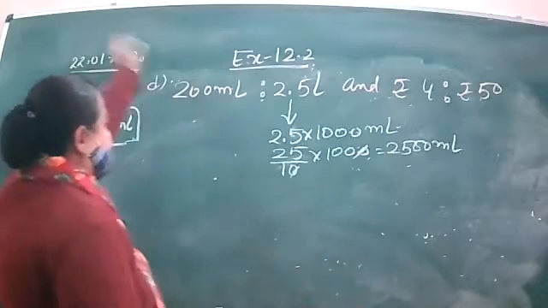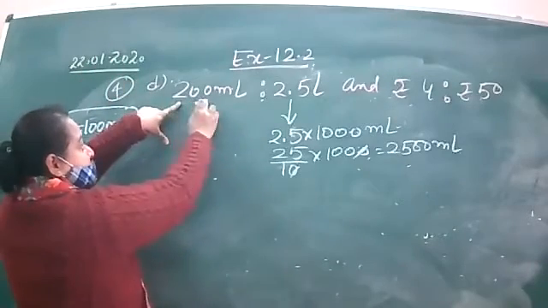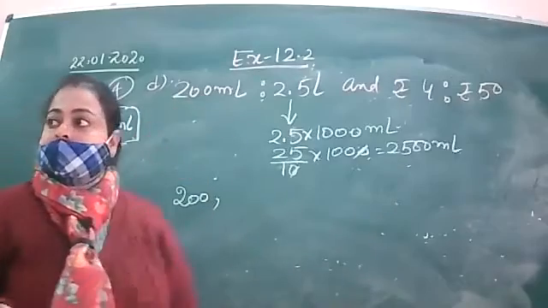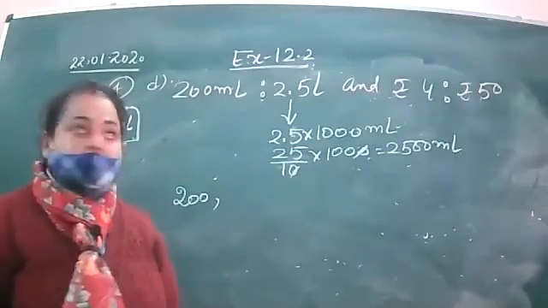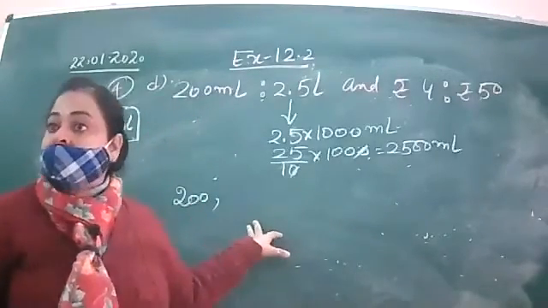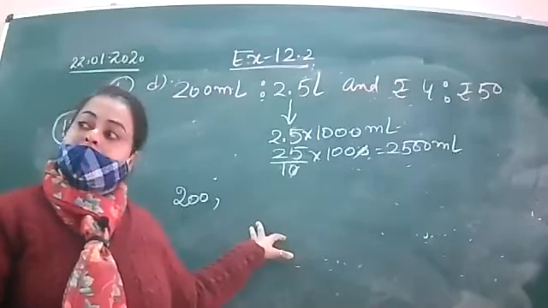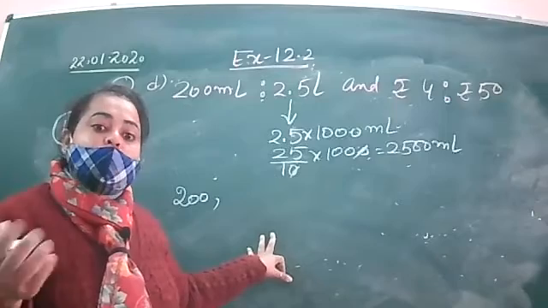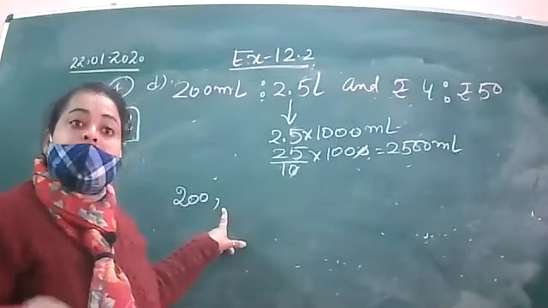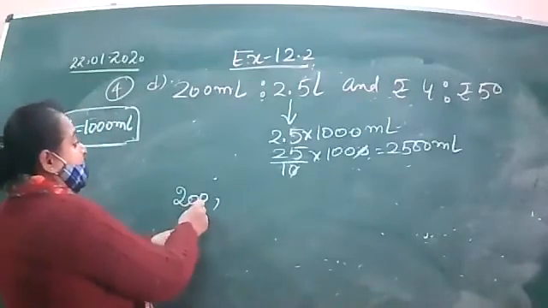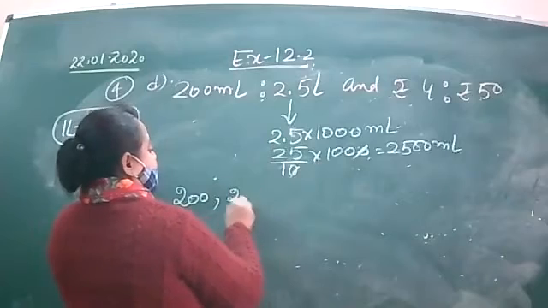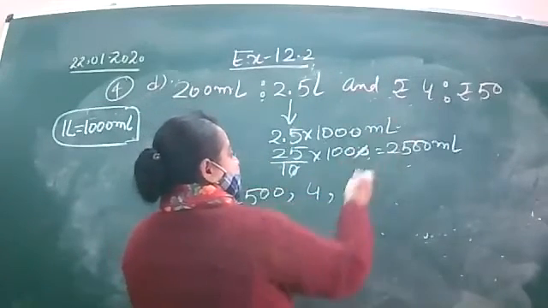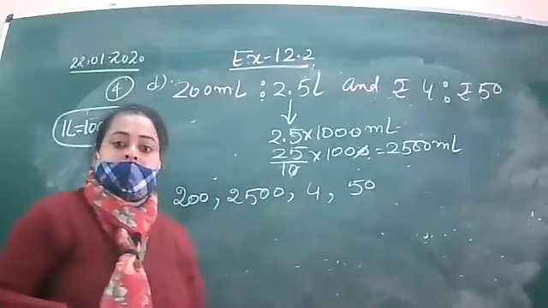Fine. Now this is the first term, 200. There will be no compulsion to write these units now, because we have made the units the same. Once you make them same, then you can eliminate them also, your wish. This is 200, this is 2500. Next is 4 and next is 50.